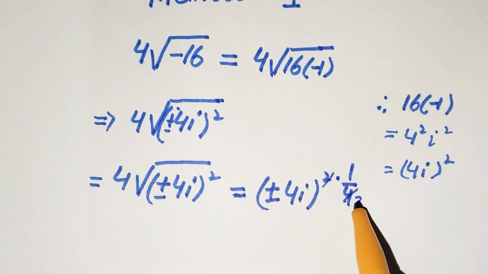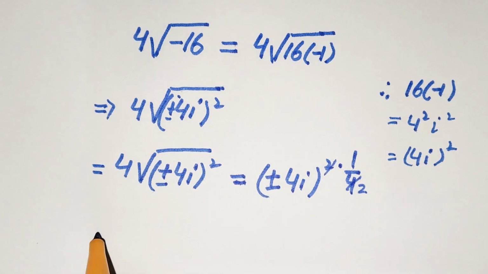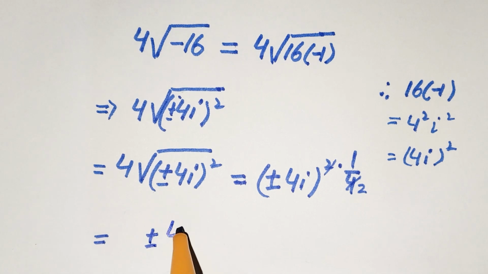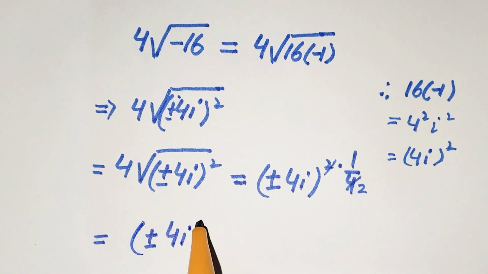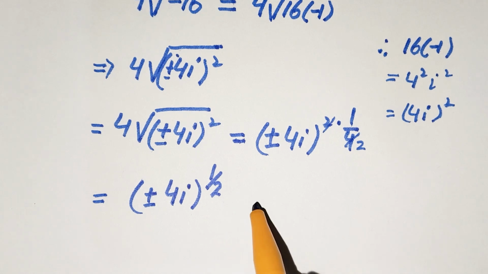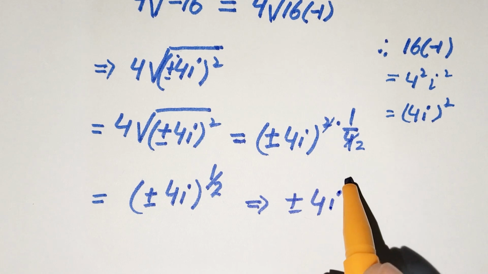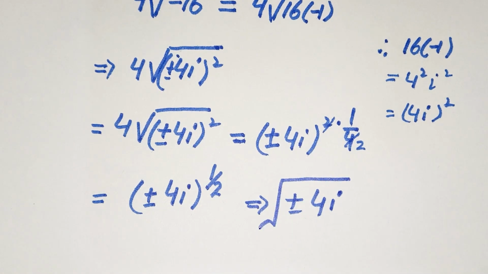Multiplying 1 over 4 by 2, 2 1s are 2, 2 2s are 4, hence it can be written as plus minus (4i) to the power 1 over 2, and we know that the power 1 over 2 can also be written in square root form, so the square root of plus minus 4i.